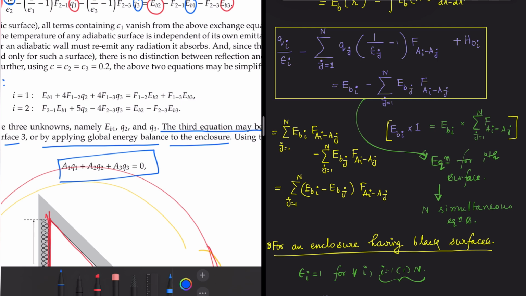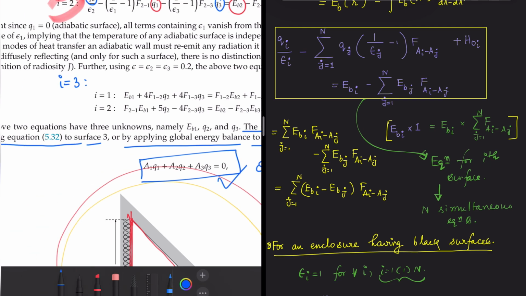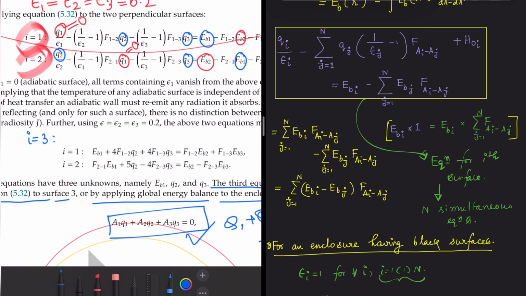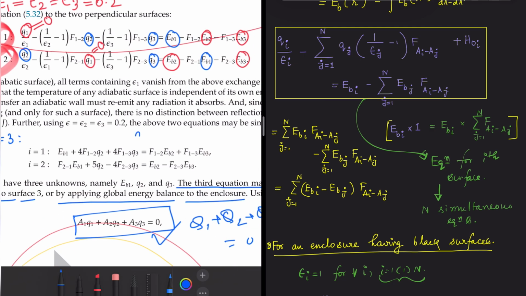That means the total heat transfer through the surface of the enclosure must be 0. So Q1 plus Q2 plus Q3 is equal to 0. That is the third equation. But you can also write the third equation for i equal to 3. Then you have three unknowns, Q2, Q3, EB1, and you can easily solve for EB1.